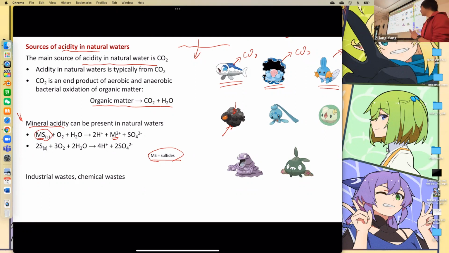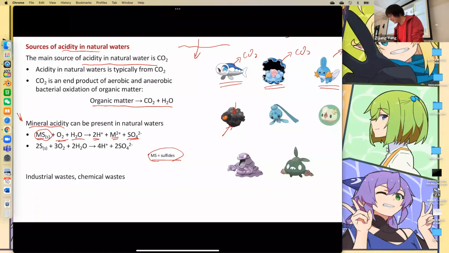And when it is exposed to the atmosphere, we have air or oxygen, and we have water. Under this condition, the sulfides will be oxidized into sulfuric acid.